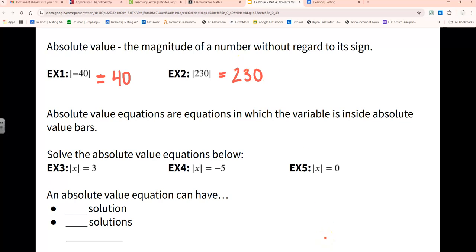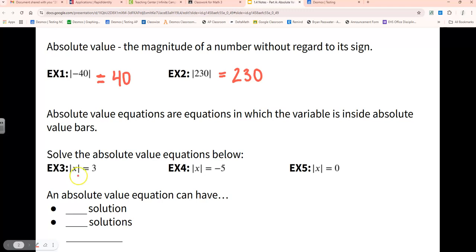Absolute value equations are just equations where you have the variable inside of absolute value bars. So let's start with some of the most simple absolute value equations we can possibly have. So I've got absolute value of x equals 3. Anytime I'm solving an equation, I'm saying what numbers could this x possibly be?